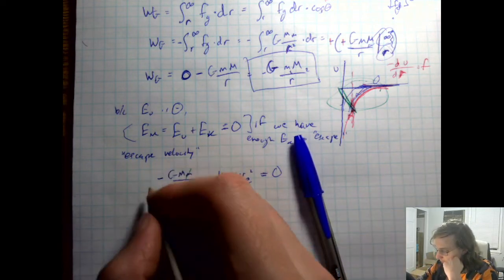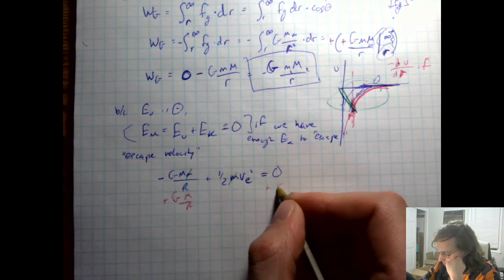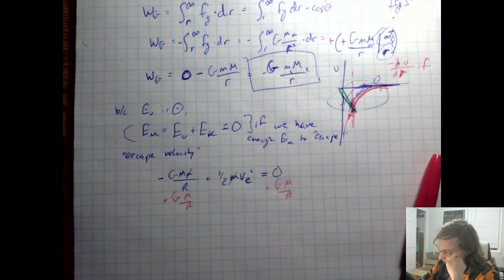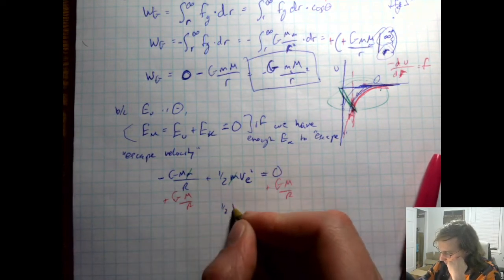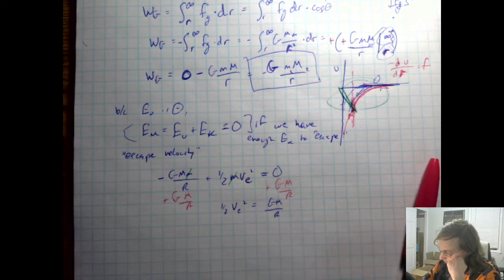And from there, all we have to do is add GM over r to both sides. And that'll give us 1/2 escape velocity squared is equal to GM over r.